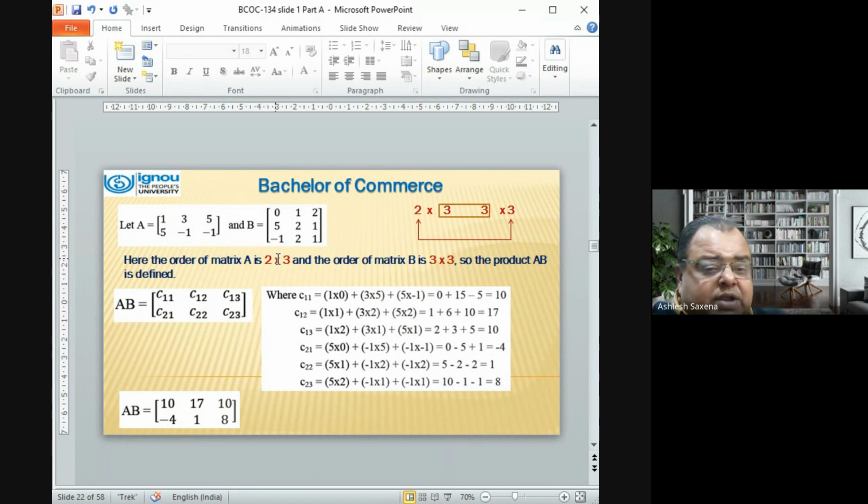That will be 17. Okay, you have 17 over there. Then C13, first row, third column. 1 into 2, 2, plus 3 plus 5. 2 plus 3 is 5, 5 plus 5 is 10. It is 10. Here you get it. Now, second row, first column.